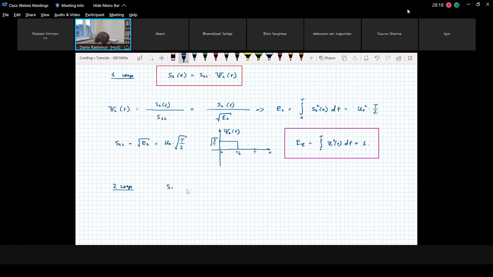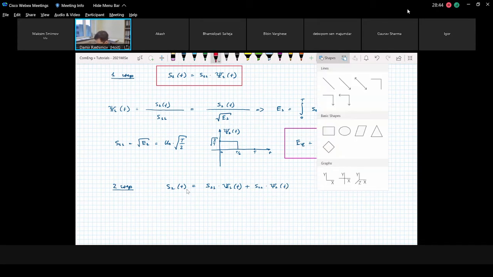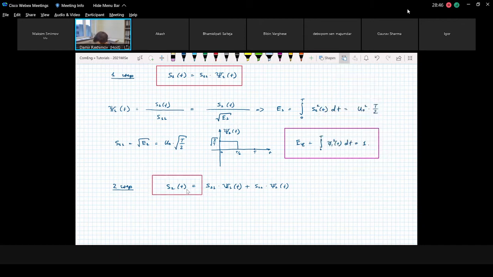We say that our second signal is represented by a weighted sum of two basis functions. So we take some part of the first basis function, and we have some part from the second basis function. Based on this assumption, we can find the second basis function. So this is our assumption.